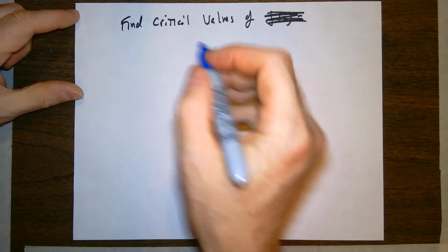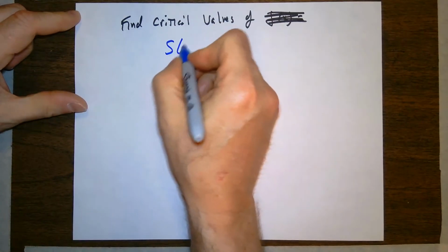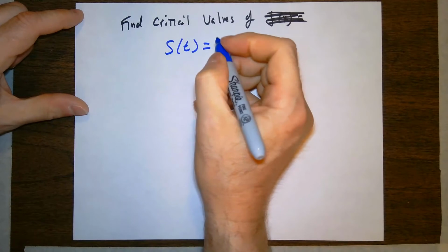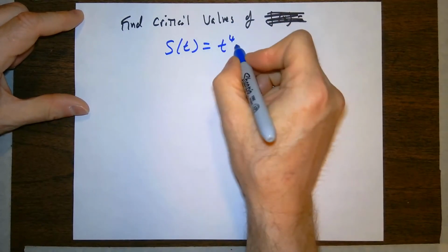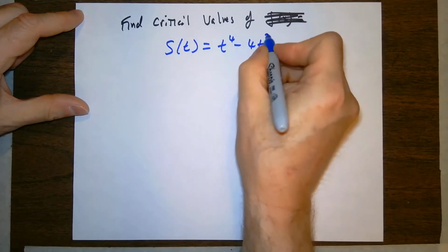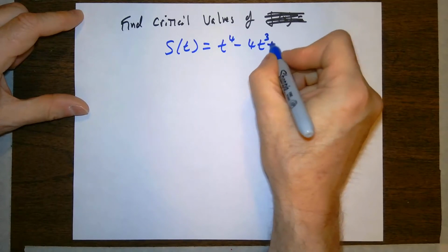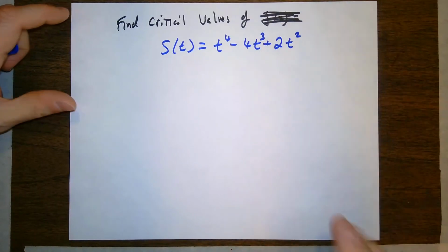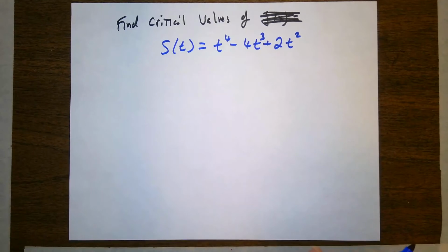But let's do s of t equals t to the fourth minus 4t cubed plus 2t squared. And we can probably guess what this really is, and what we're really doing here.